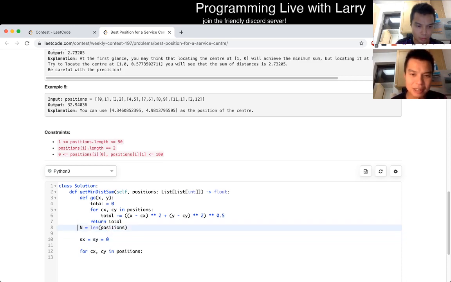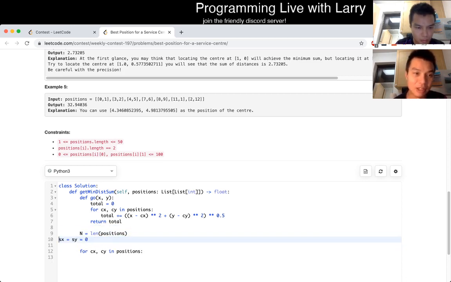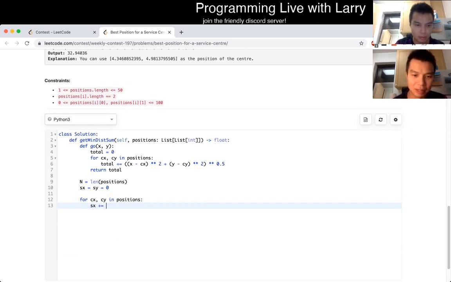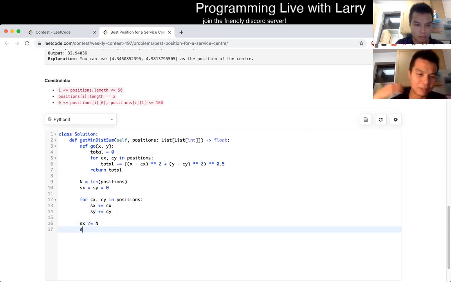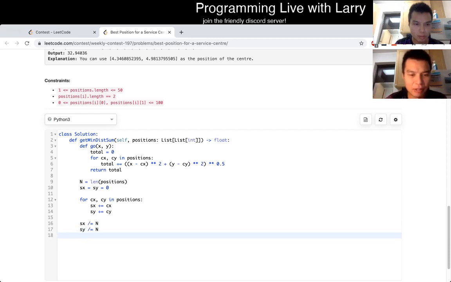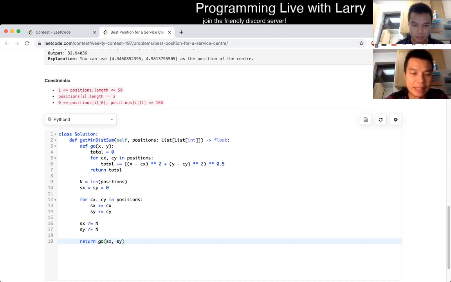But yeah, I took a quick look. Right now I'm just doing the really basic thing of playing around with the geometric median.